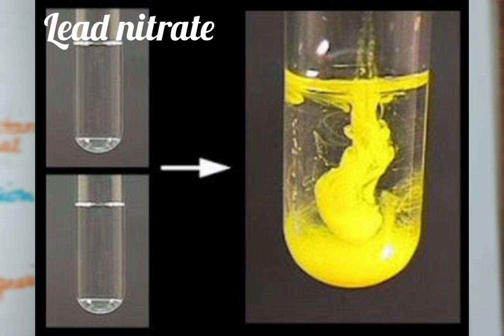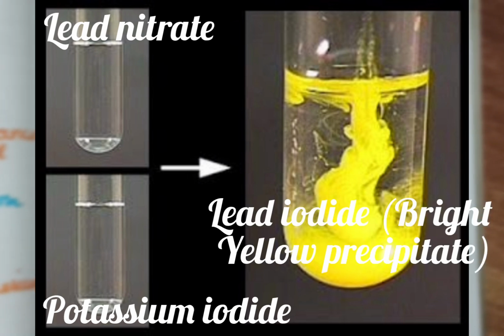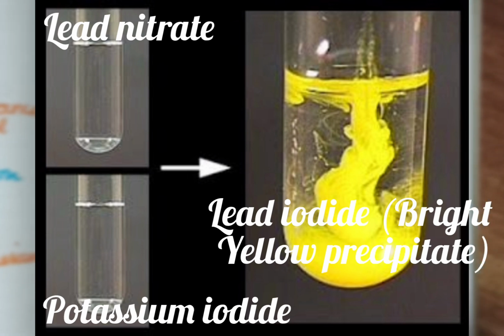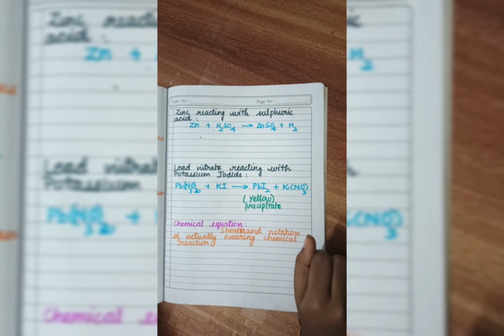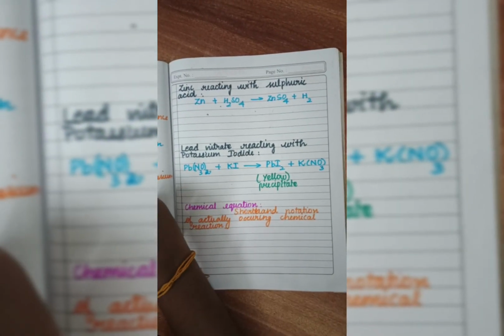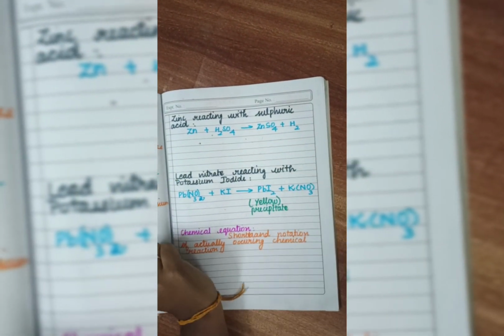So when lead nitrate reacts with potassium iodide, it produces a bright yellow color liquid, which is lead iodide. It is the yellow precipitate, and a byproduct, which is potassium nitrate. So in this reaction, you will be able to observe that there is a change in the color, which shows that there is a chemical reaction taking place.